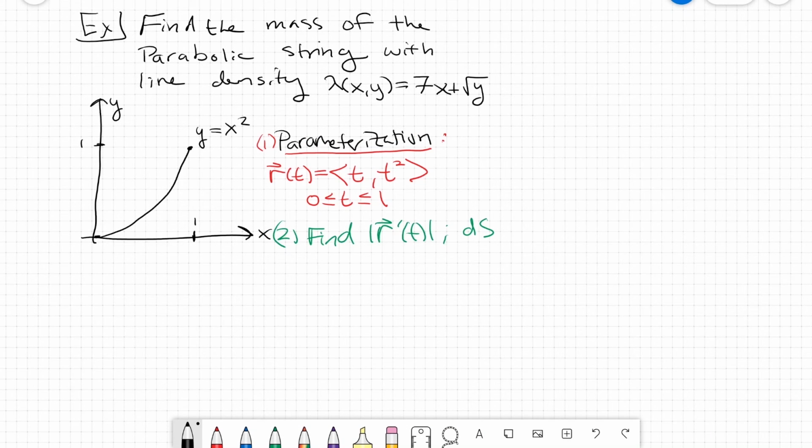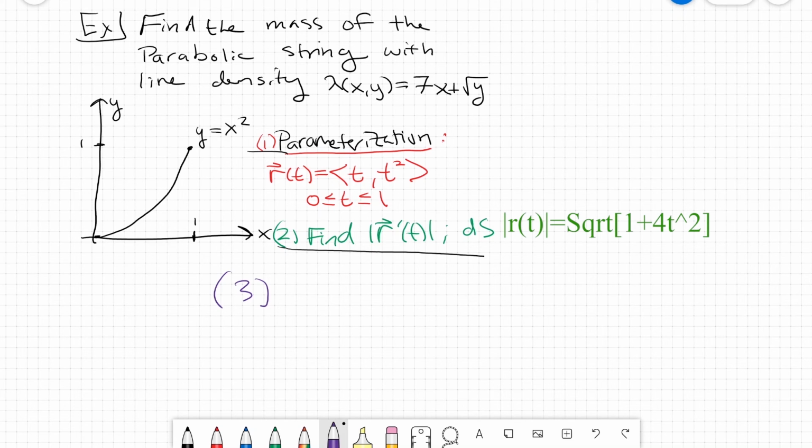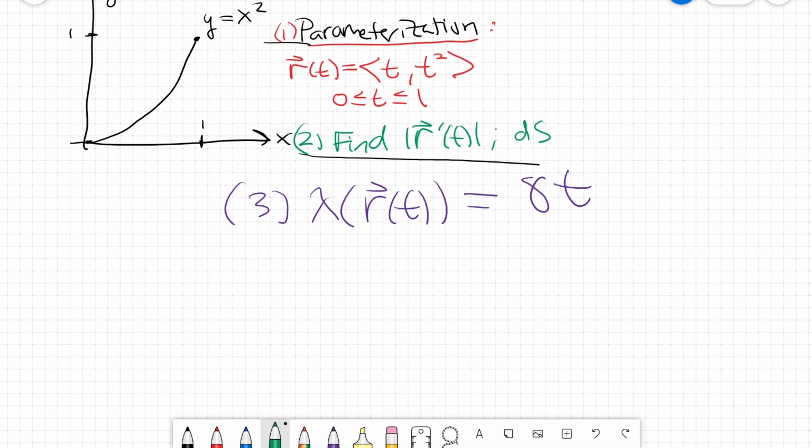So let's review what we've done so far. 1 was to find the parameterization. 2 was to find the speed, as well as the small changes in distance ds. And our third ingredient was to plug in our parameterization, and we found it to be equal to 8t. So let's now put it all together in the formula.